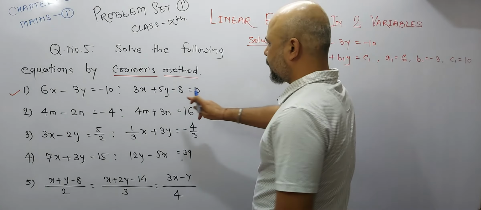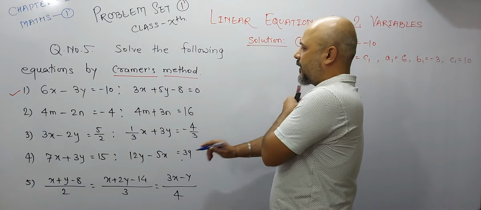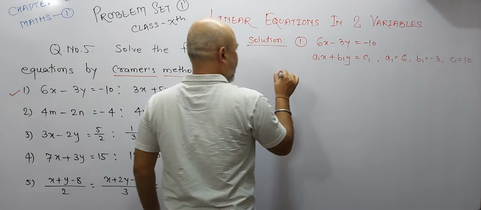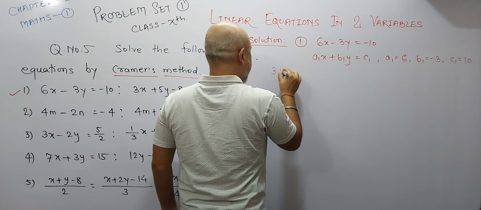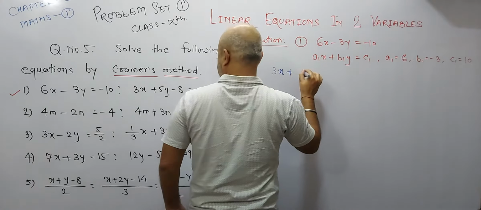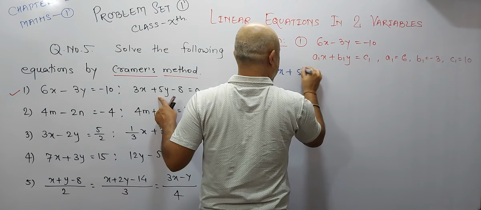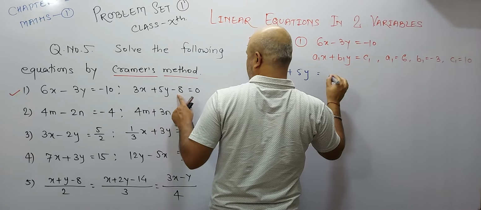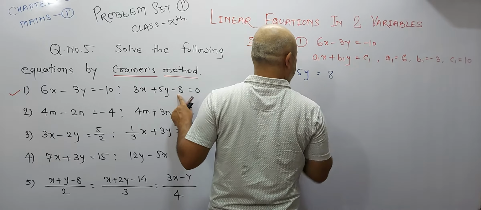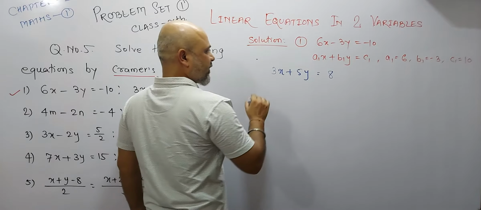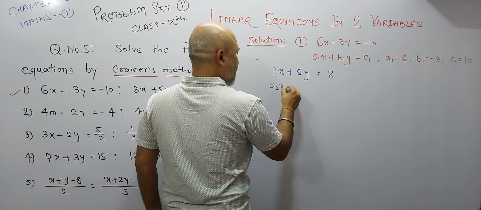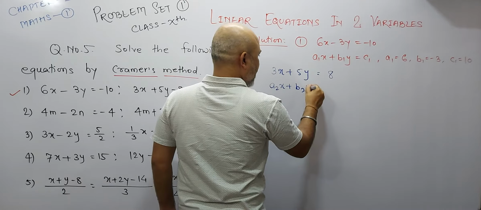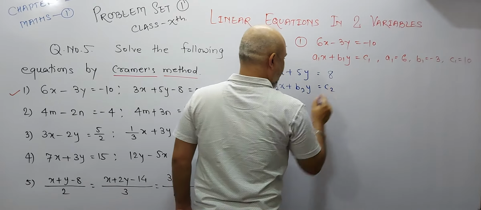Equation number 2 is 3x plus 5y minus 8 is equal to 0. So 3x plus 5y, and I will transfer this minus 8 to the right-hand side, so this will be plus 8. Now we will compare with the general form, that is a2x plus b2y is equal to c2.